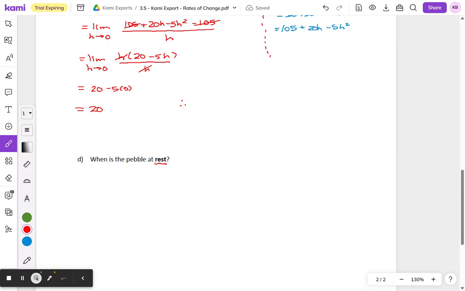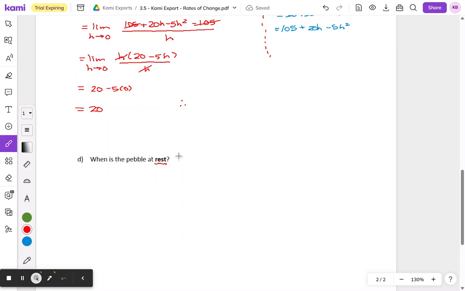So it's coming up, the velocity is positive, and then it's basically an optimization maximum problem. When it's right at the peak, at the vertex, it's going to change direction from going up to going down, and for a millisecond of a millisecond, it's going to be at rest.